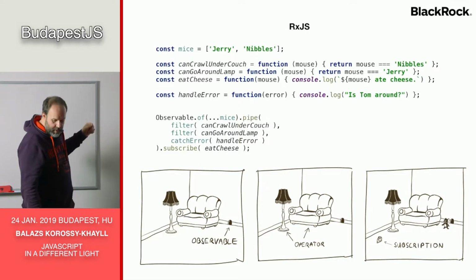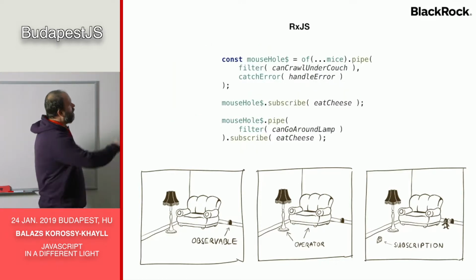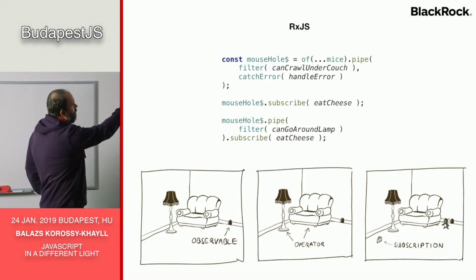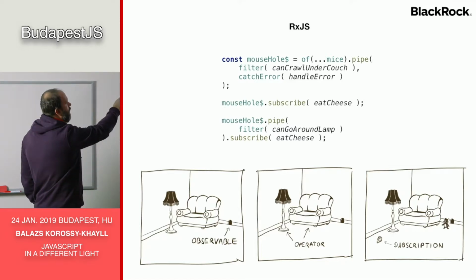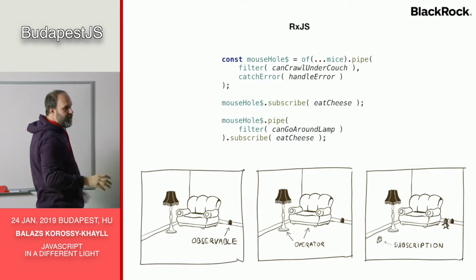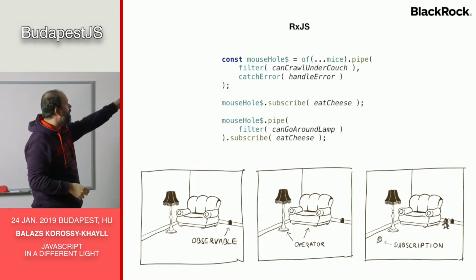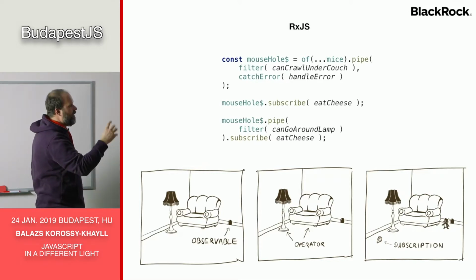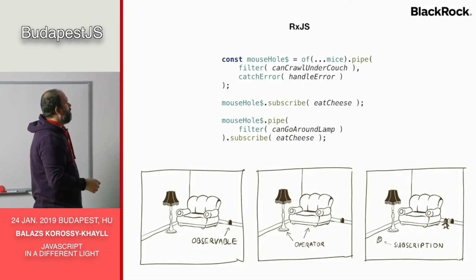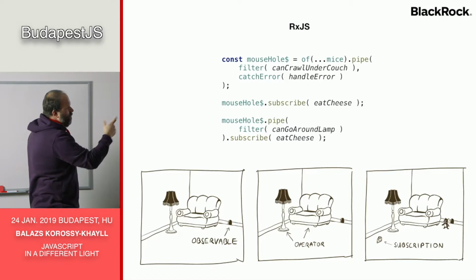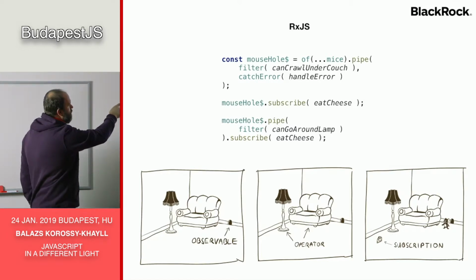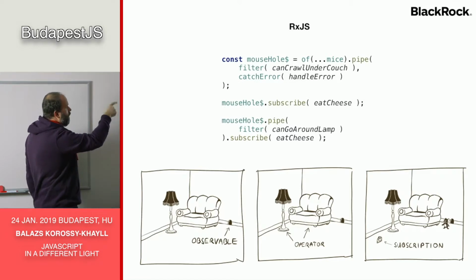That means I can define my observable, I can define some operations on it, I can define the error handling, and I can assign it to a variable, and nothing will happen, even if I have a promise or a fetch there that will fetch something from another web page or from the backend. The execution will only start when I subscribe to it.